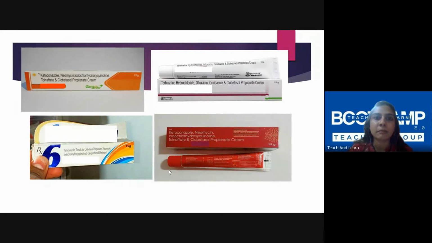So our main aim of this class would be, after this class, we'd be really happy if you do not have to use any of these, because you would know which exact drug or ointment to use for a particular disease, not a combination ointment which is not specifically for a particular disease. So that would be the aim for our class today.